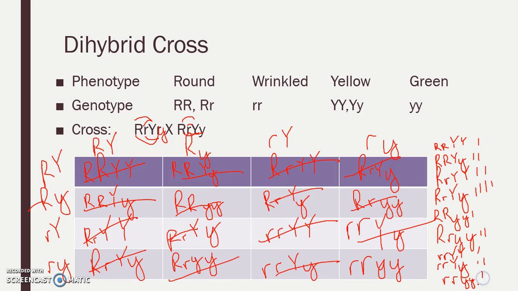Okay, so now I want to make sure as I count up my tallies that it adds up to 16. So I have 1, 3, 5, 9, 10, 12, 13, 15, 16. So I have 16 boxes. So I know I've got them all. Now I have to figure out what they code for. So my options, I could be round, and I could be yellow, round could also be green, right?